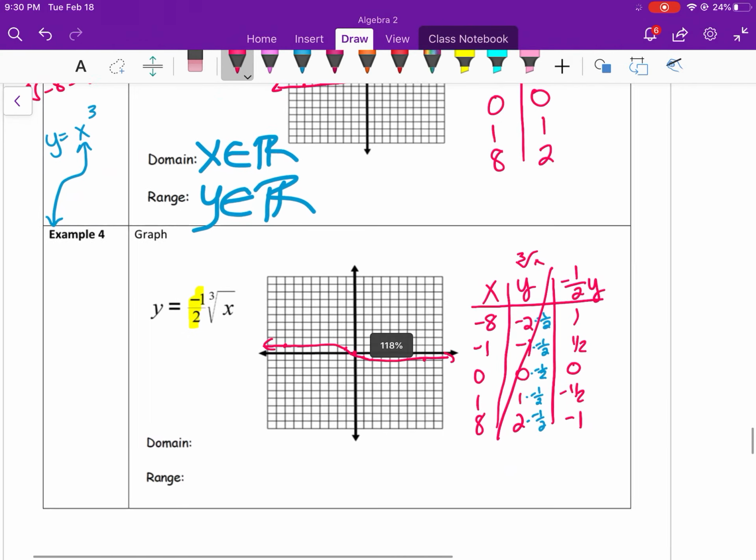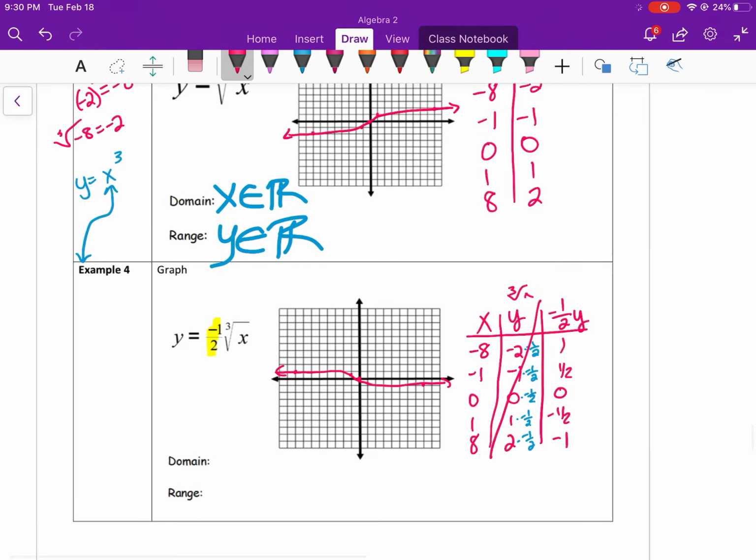If you compare it to the last one that we did, you'll see that the 1/2 was a vertical shrink. The graph kind of looks more narrow if you're looking at it horizontally, like it's closer together. Another thing you might notice is that it is reflected over the x-axis. So this one up here was like this, and this one down here is reversed.